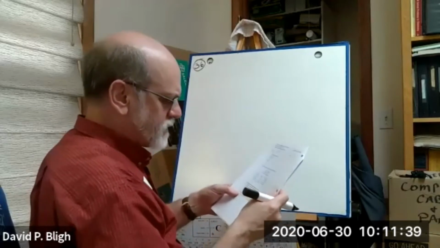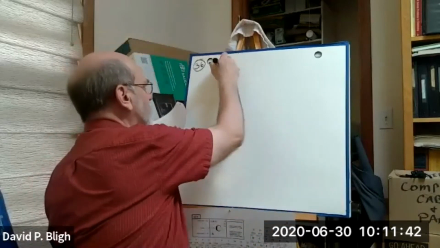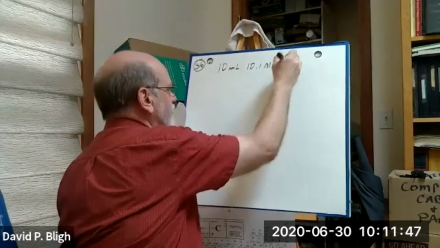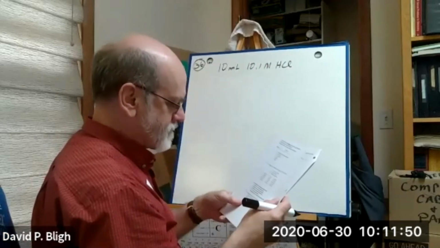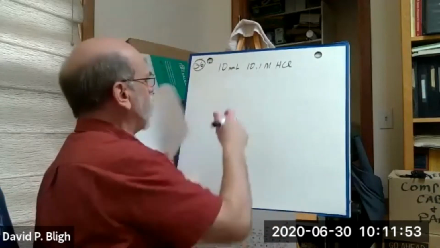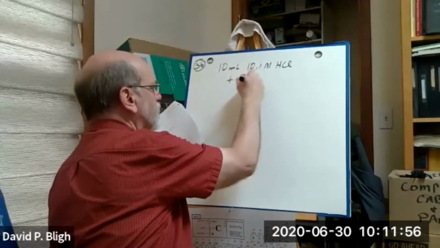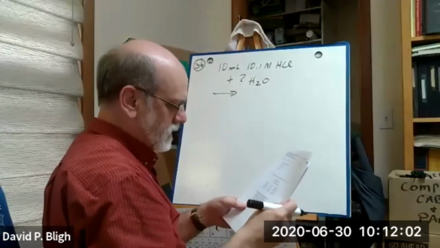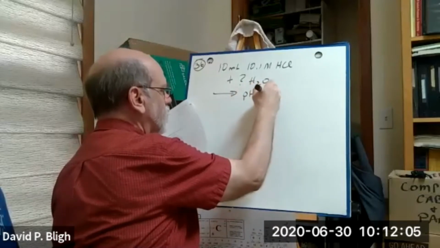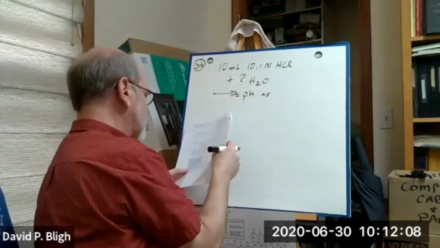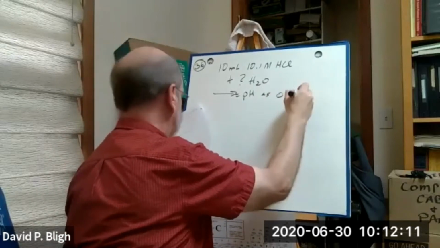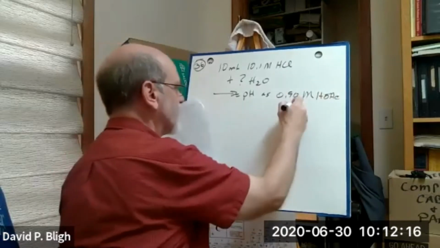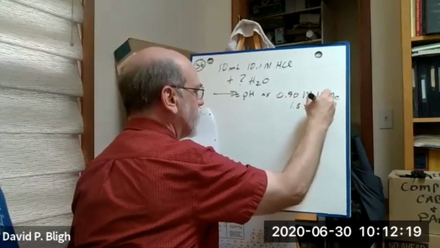We're given 10 milliliters of 10.1 molar HCl. Okay? And we want to know how much water would equal the same pH as 0.90 molar acetic acid with a Ka of 1.8 times 10 to the minus 5.